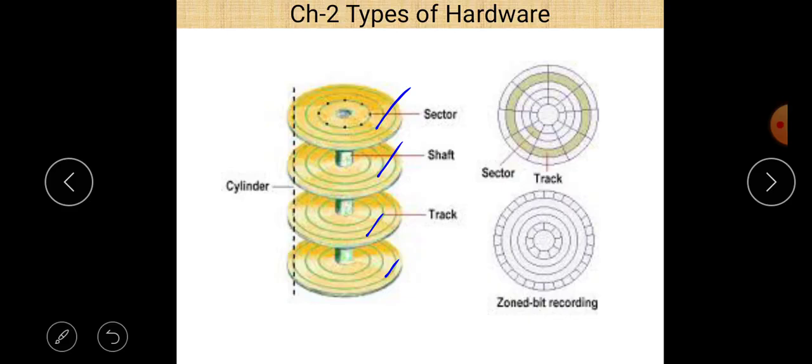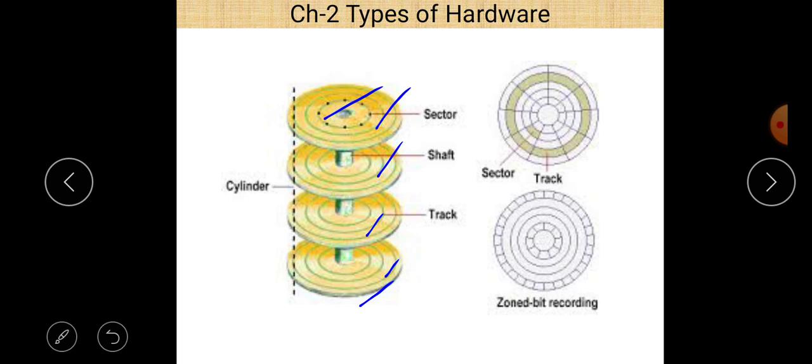Tracks are the concentric circles, while sectors are the pie shaded regions. We can write data on the surface of the platters only. So if there are 4 platters, then we have 8 surfaces, and within the 8 surfaces we are only able to write data on 6 surfaces, because the first and last surface are not used.